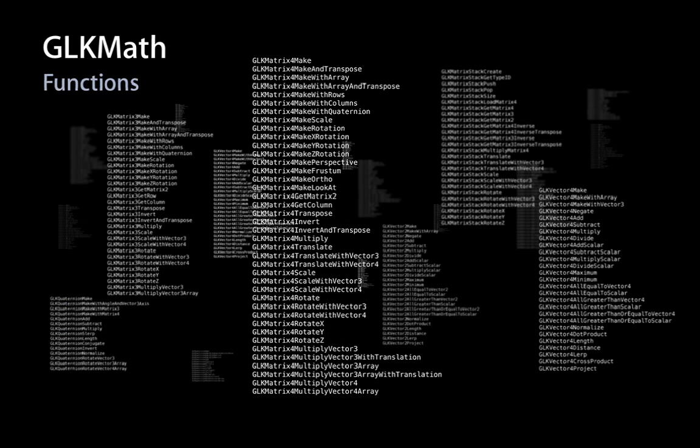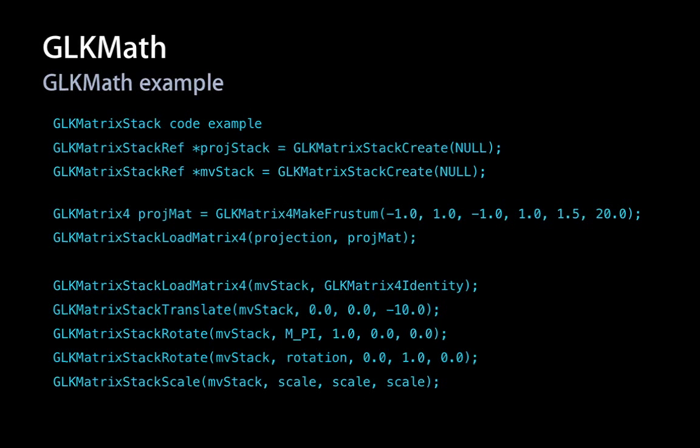Here is to impress upon you the number of functions that we have. It should really help out, and it's kind of hard to see. So here's one example. This would be maybe some simple 1.1 code you'd have, and this is what it would look like in GLKit. These are Core Foundation types.